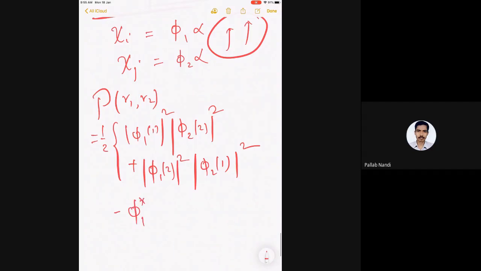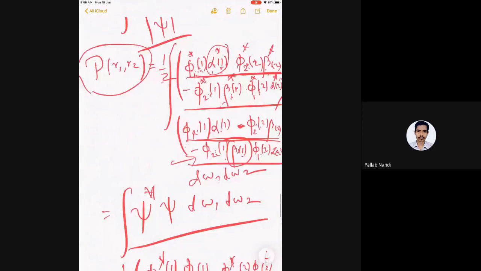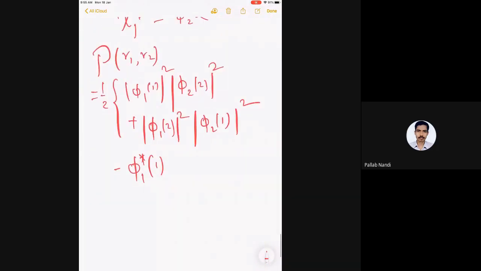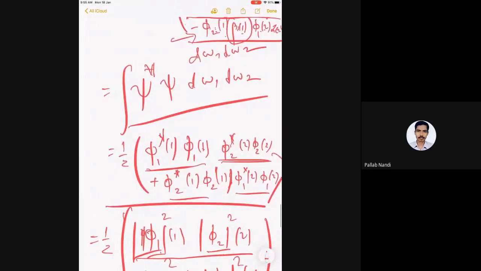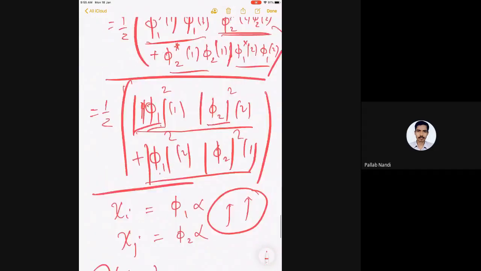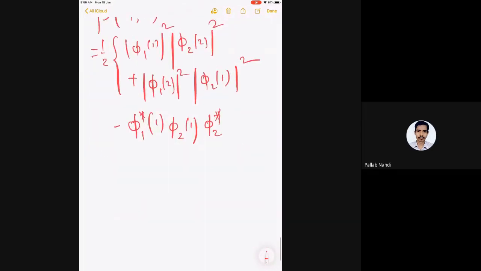Let me again go back and see. Phi 1 star 1, phi 2 1, not phi 1 star 1, phi 1 1. And then phi 2 star 2, phi 1 2. Right? So now for the electron coordinate 2, phi 2 star 2, phi 1 2.